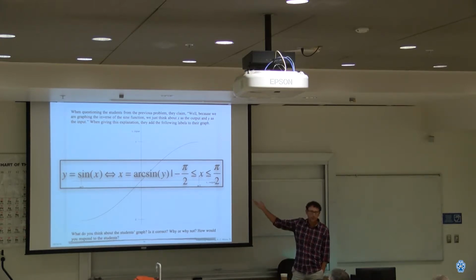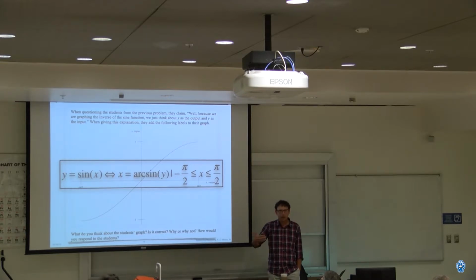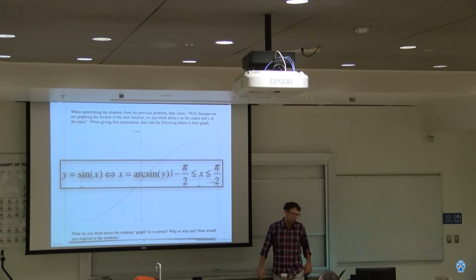But y equals sine x necessarily implies x equals arc sine y. Right, if we can write that, we can certainly write the other one. And I've even provided the appropriate restrictions for x there over which that has to hold. So essentially we're saying, okay, can our students, and these are with pre-service teachers, acknowledge that that is appropriate, right? That, yeah, that flies in the face of some conventions, but that is a mathematically correct statement there.